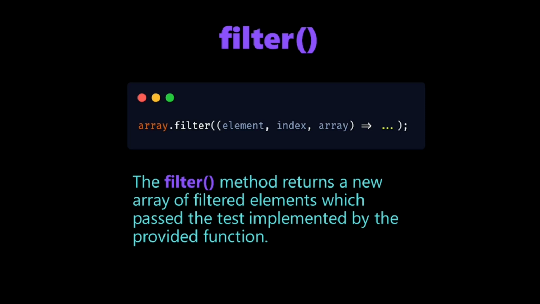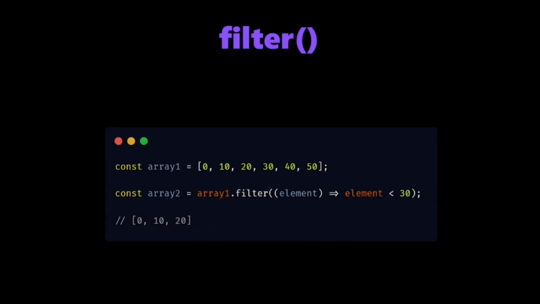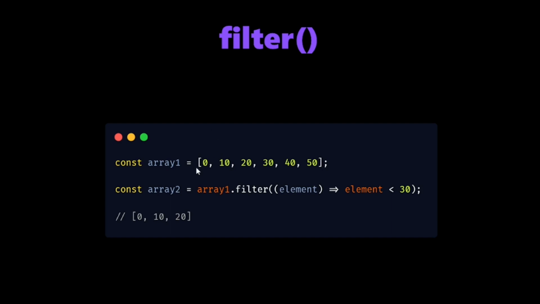Okay, let's see an example. We have an array of numbers. Let's say that we want only elements before 30 number. So we can filter this array and create a new array second. So what we will need?